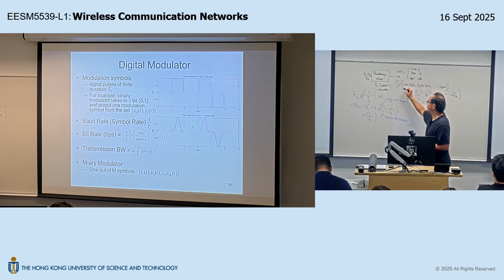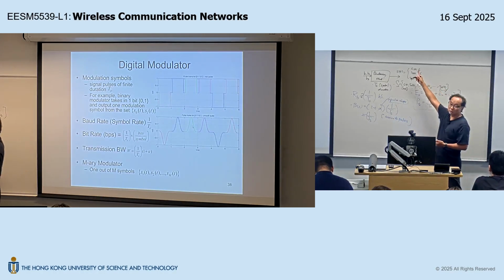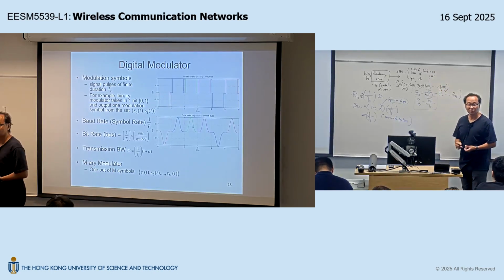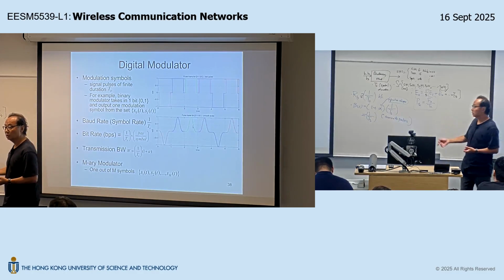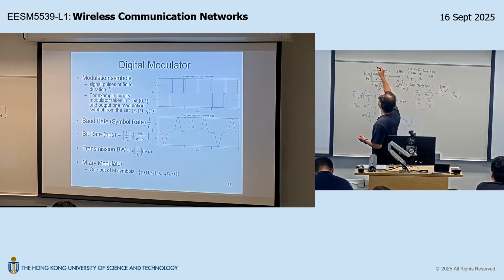For example, this is used to represent 000, and this is used to represent 111. And then my output logic is the same as before. I will output S1T if the 3 bits are 000, this is 001, etc. Is that okay? These will be my only modification. And since I have now 8 members in my signal set, this is called an 8-ary modulator.